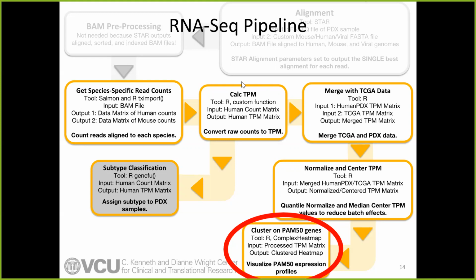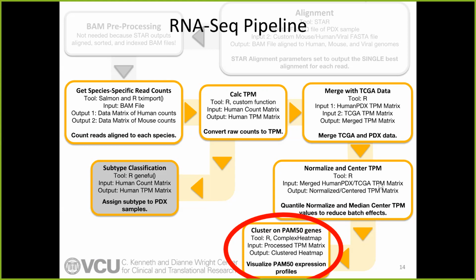So to do that, I took the TPM data, and then I merged it with the TCGA data, which you can get TPM values from. They used RSEM, I believe, to calculate TPM values for TCGA data. So essentially, that's just merged together in a matrix, and then I needed to normalize and center that data.